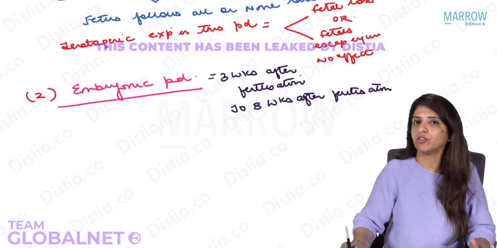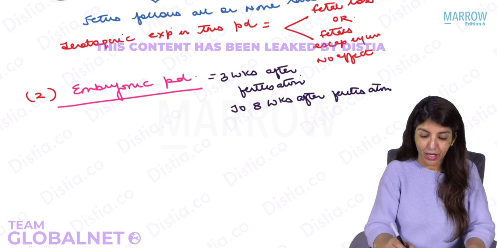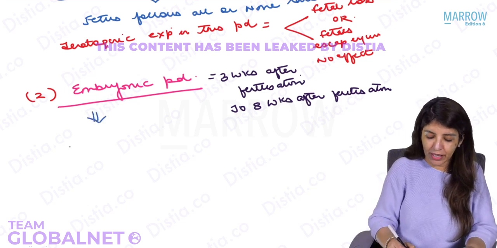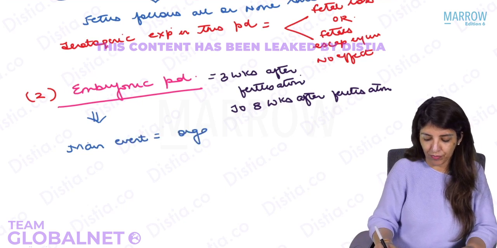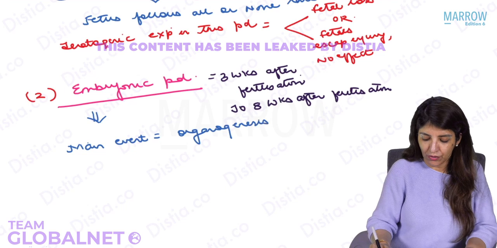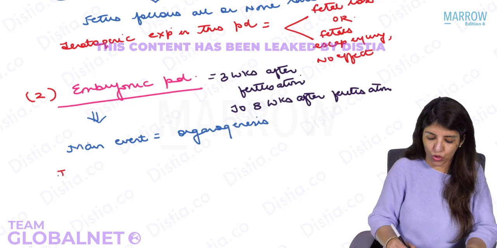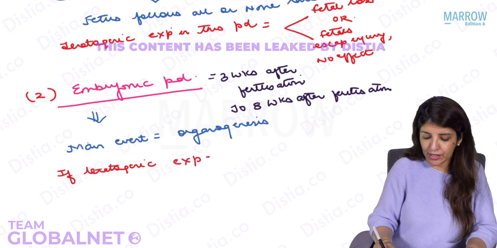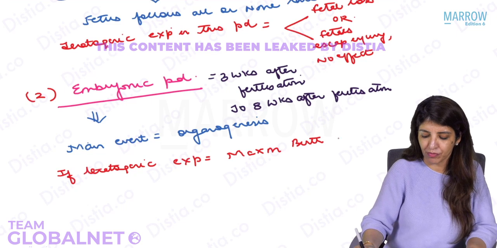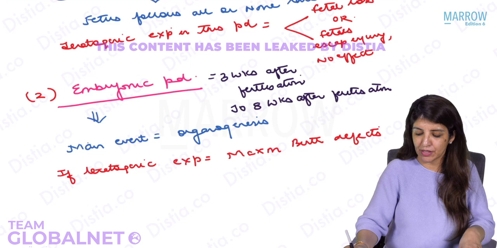Apart from that, every other place, the reference point is the first day of the last menstrual period. Now, in the embryonic period, the main event which is happening is organogenesis. Right, because the main event is organogenesis, if teratogenic exposure happens, then it leads to maximum chances of birth defects. Maximum birth defects are going to happen if teratogenic exposure happens in this period.